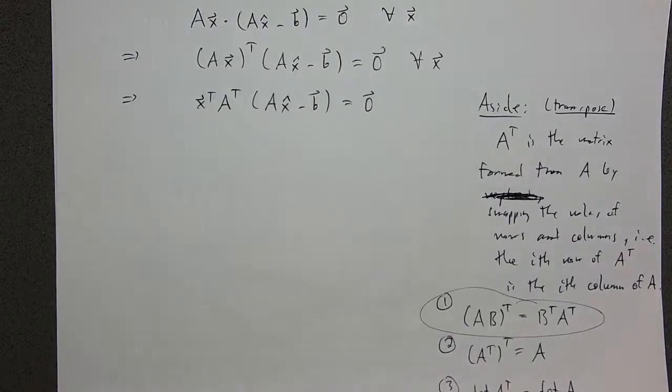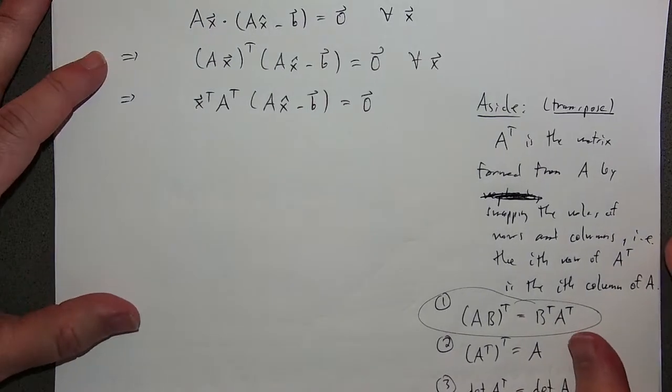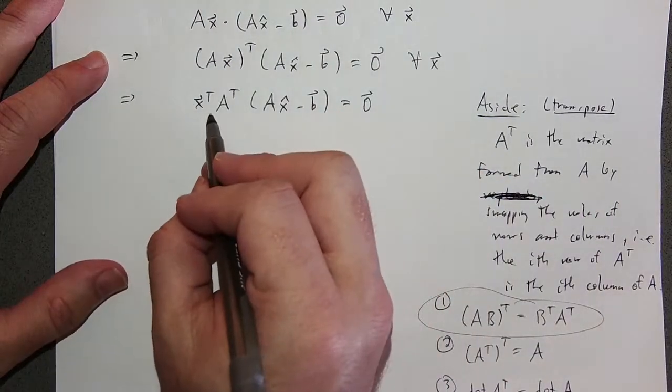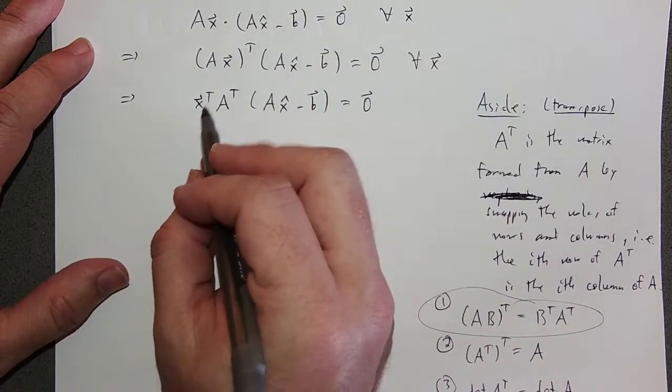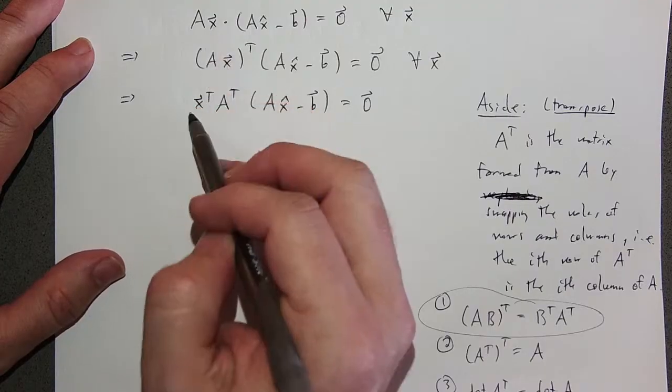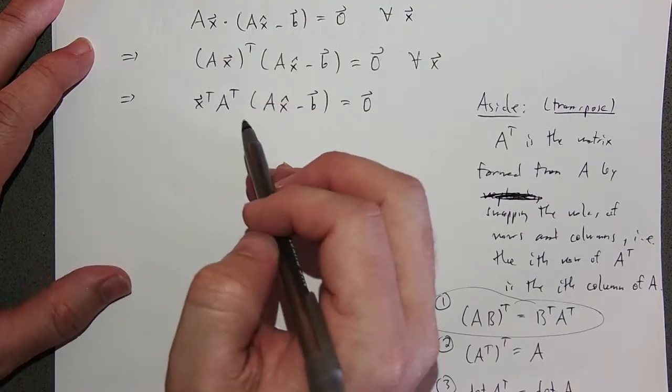Now, x transpose, this x is a column vector, and this is written as a row here.